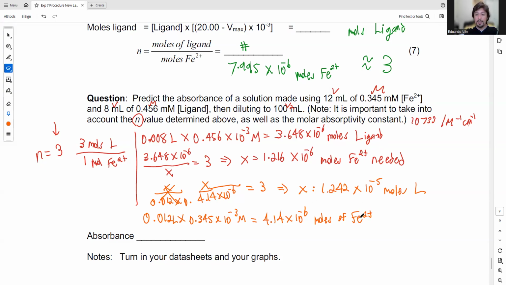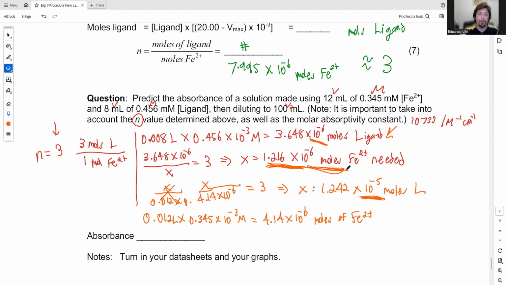This moles of Fe would require times 10 to the negative 5 moles of ligand, but we only actually have times 10 to the negative 6. In other words, it is going to be the ligand up here that is your limiting reagent. So only this many moles are going to actually create the ligand complex.